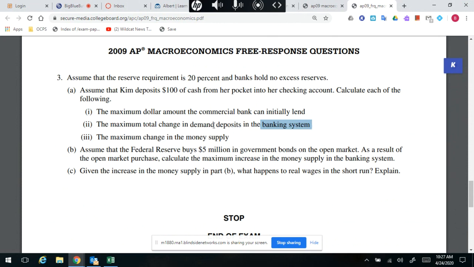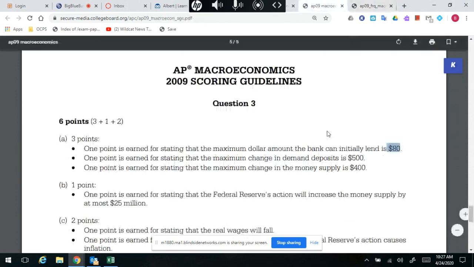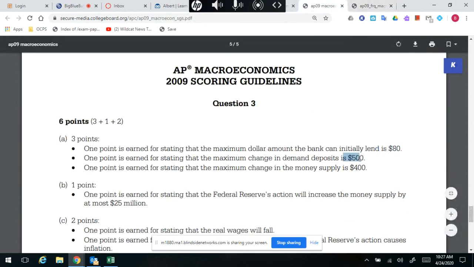So max change in deposits in the banking system, the formula is simply your deposit, $100, times 1 over the reserve requirement. So 100 times 1 over 0.2. 1 over 0.2 is 5. So 5 times 100 gets you that magic number of 500.